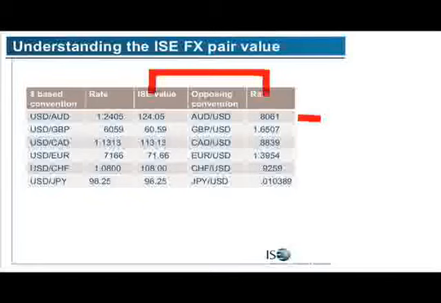So, it's very easy to calculate that. A lot of us look at the futures market, or even the spot market, I should say, trading at $1.39. And the ISE pair value equivalent would be 71.66. So it's just an inverted number.